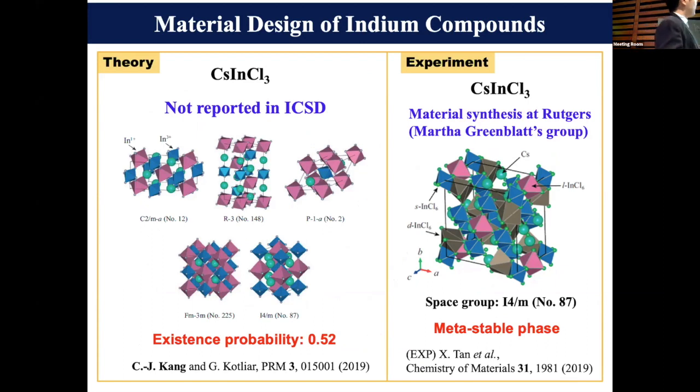The computation also predicts that I4/m is a possible candidate structure. However, both of them are not the same. We computed their total energy and found that the selected computational structure has lower energy than the experimental one. So we found that the experimental crystal is a metastable phase.